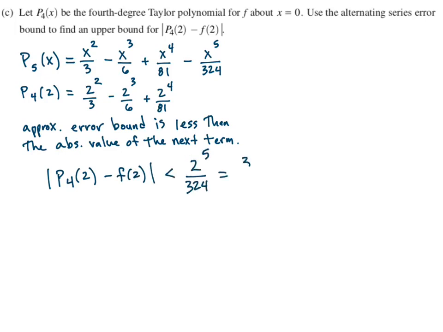Kind of messy, but that absolute value is less than or equal, let me sneak an equal sign in there, to 2 plugged into that first unused term, which is just 2 to the fifth over 324. You don't have to simplify that. That's good. That's the accuracy level, or that's the most that your error bound can be.